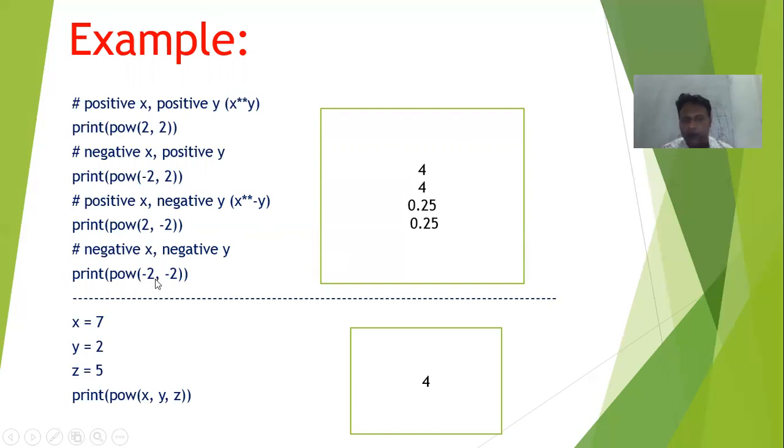But in the power function, if you pass x, y, z, it prints 7 squared is 49 divided by 5. The remainder is 4.